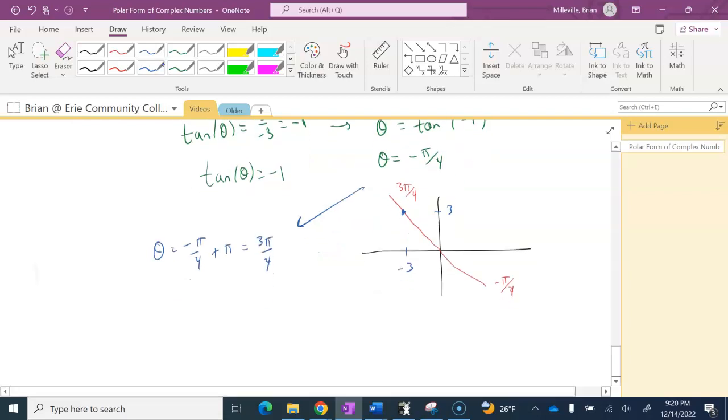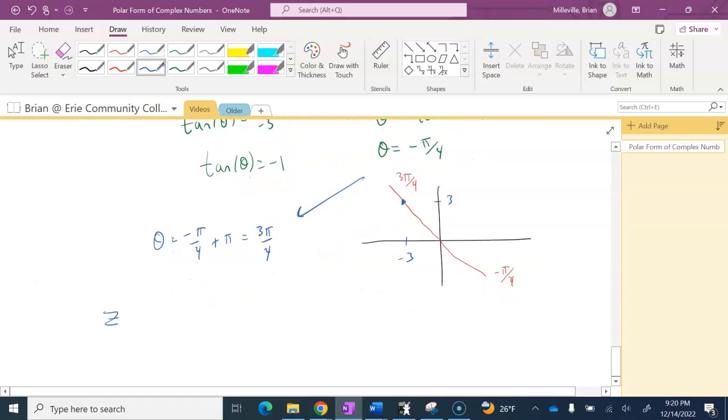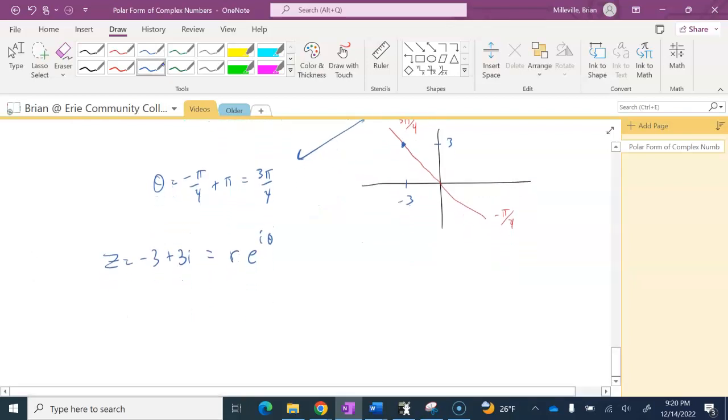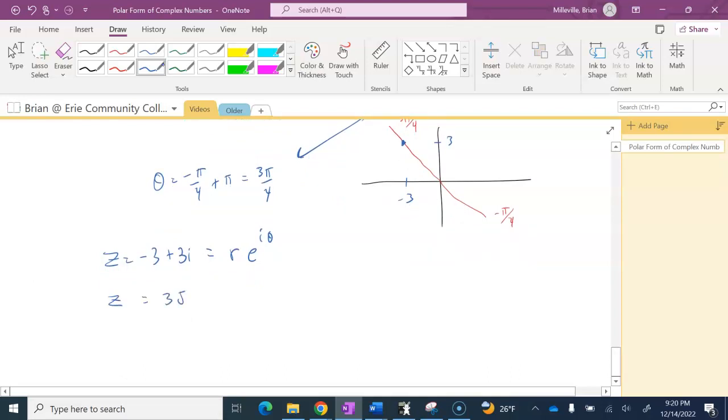Putting this together, our complex number negative 3 plus 3i can be rewritten in the form r e to the i theta, with the value of r that we found, the square root of 18, which we could rewrite as 3 times the square root of 2, and then e to the i 3 pi over 4 power. All right, that's it for this recording.